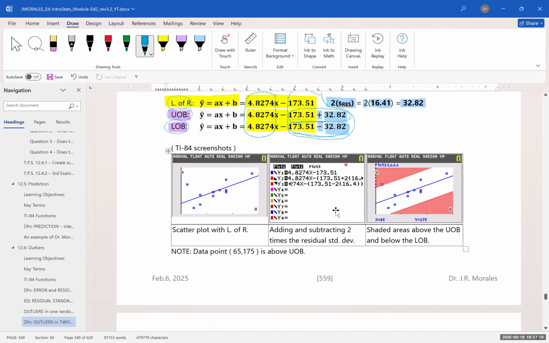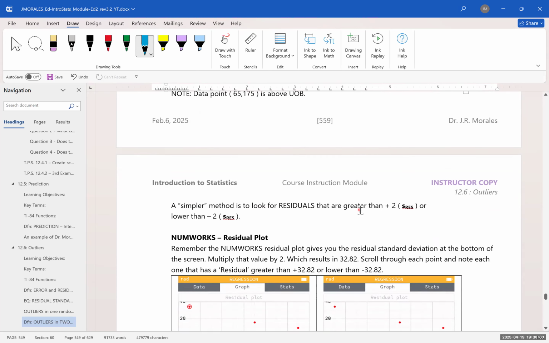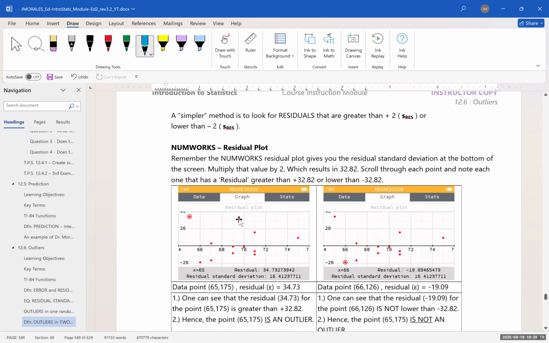Okay, so it is a lot to kind of graph this stuff out. But if you have this image in mind, there's a simpler way to do it. So the simpler method is to look for residuals that are greater than 2 times the standard deviation of the residuals or lower than minus 2 times the standard deviation of the residuals.